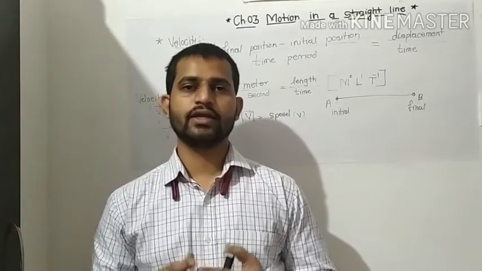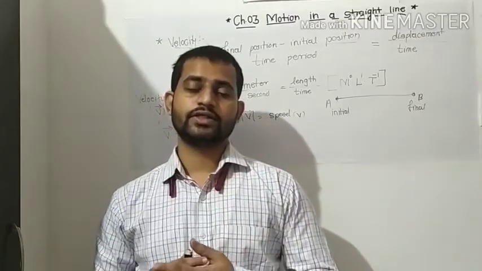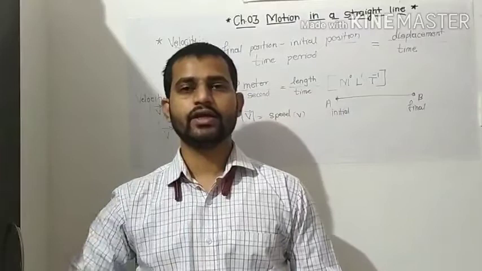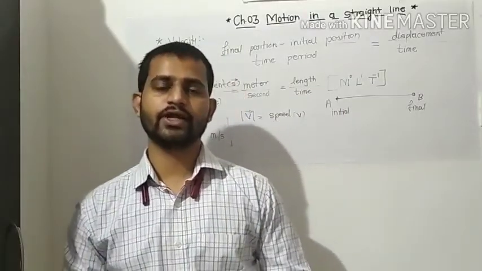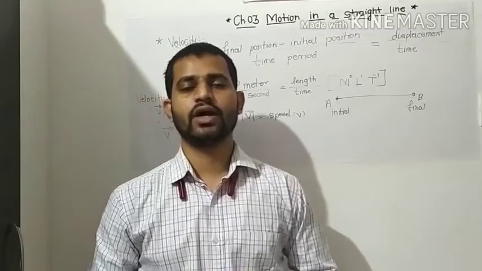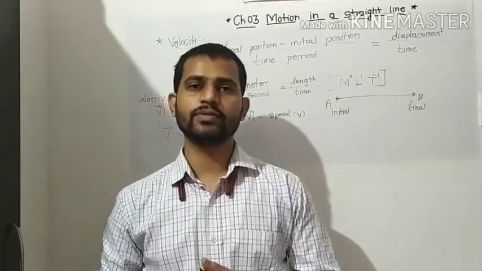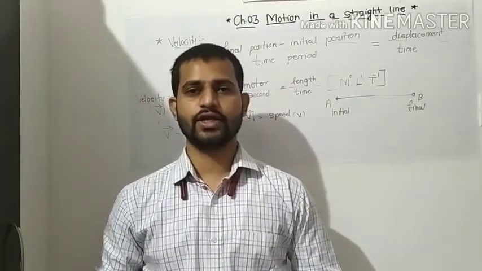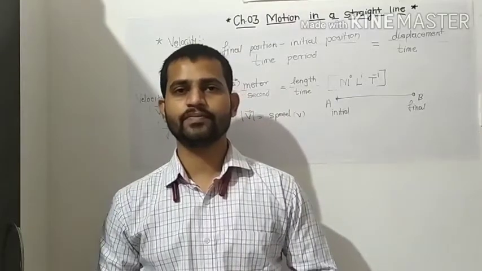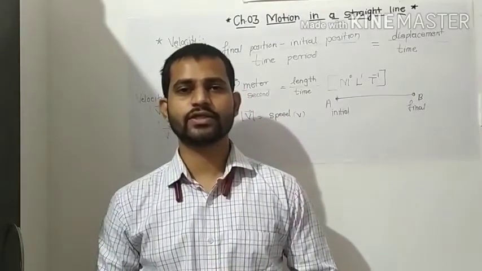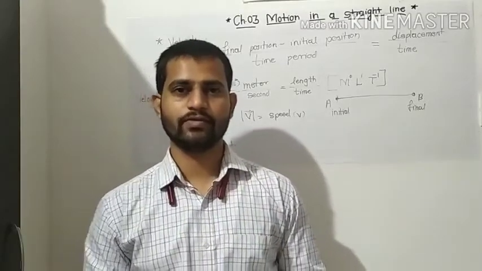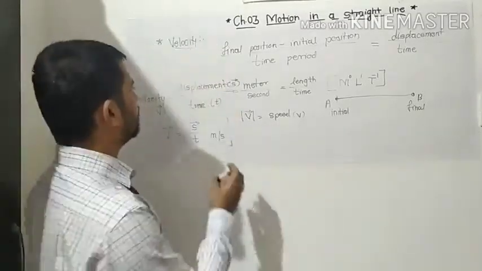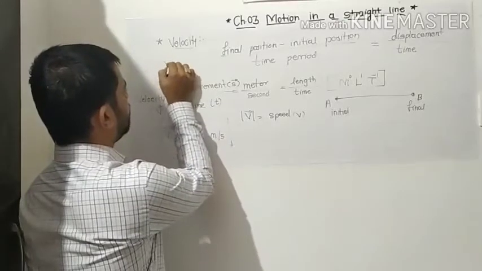So that's why velocity is the displacement upon time. Then in the case of displacement, we have to think about its magnitude as well as direction. So as we have to consider both the magnitude as well as direction, we have to consider this velocity under vector quantity. Okay, velocity is a vector quantity.